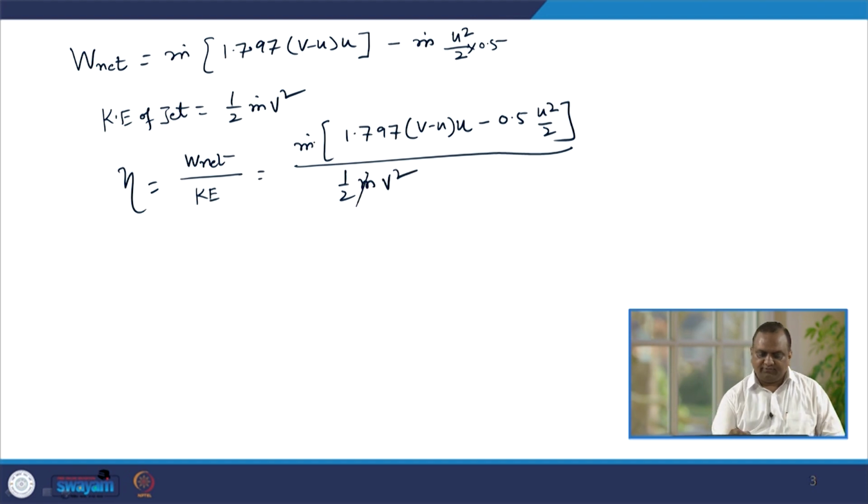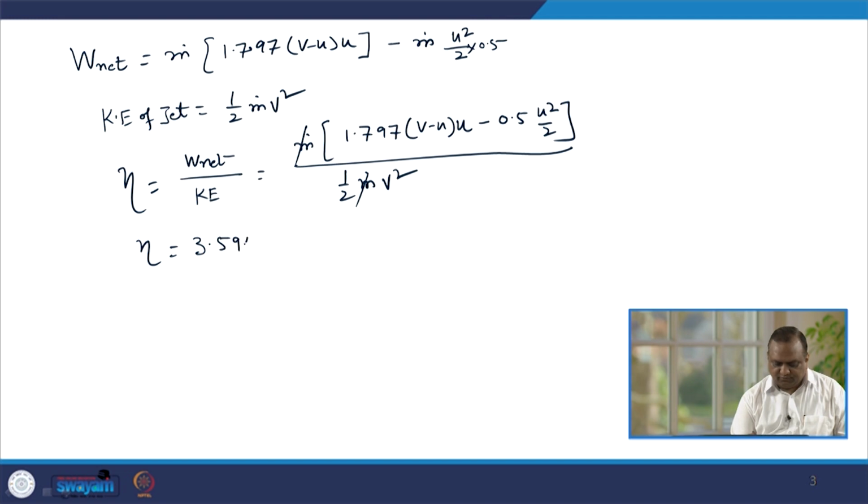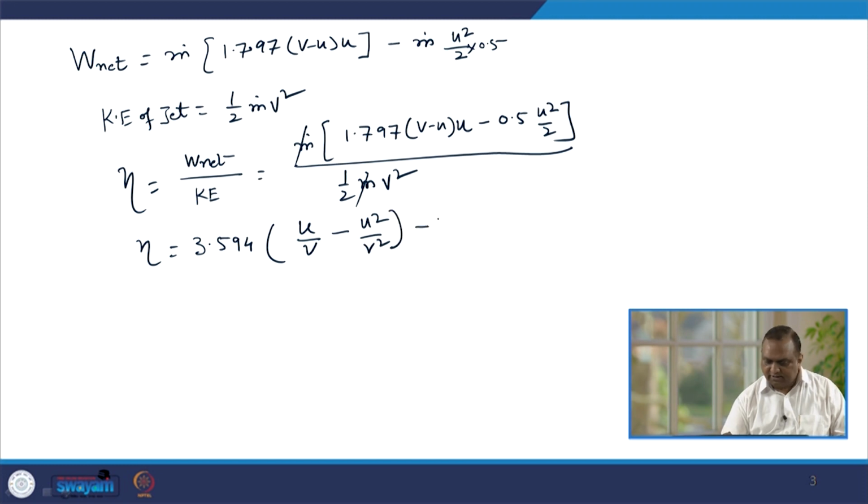Now, this m will be cancelled out, and the efficiency expression we are going to get is 3.594 u v divided by v square, which will give u by v, minus u square by v square, minus 0.5 u square by v square.